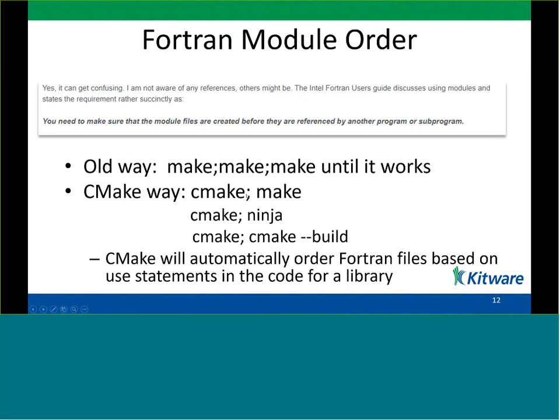With CMake, you can write CMake and then make, or CMake and Ninja, or CMake and cmake --build, and then CMake will make sure that the Fortran files in that directory are ordered correctly so that the modules are all built and created before they're referenced in another Fortran file.